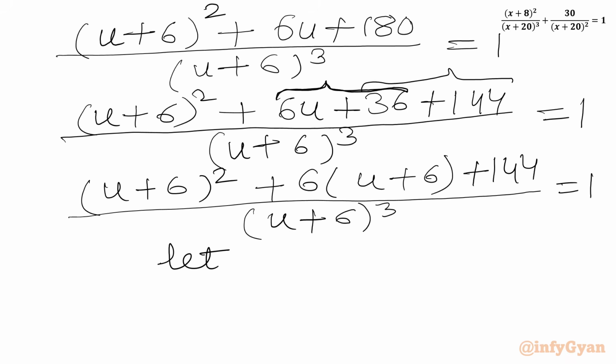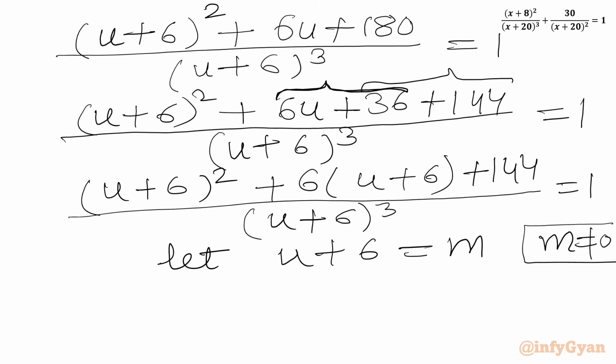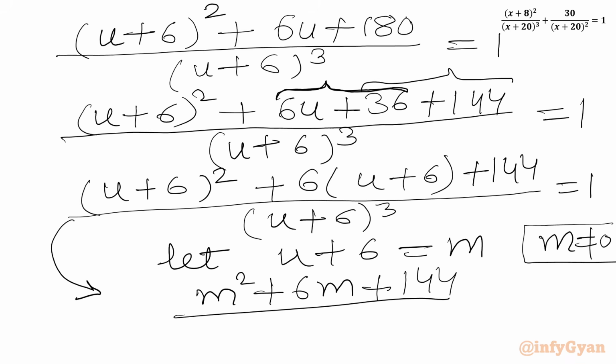Now our substitution is clear. Let's say u plus 6 equal to m. u cannot be minus 6, so m cannot be 0. So I will write our equation in variable m: m square plus 6m plus 144 over m cube equal to 1.